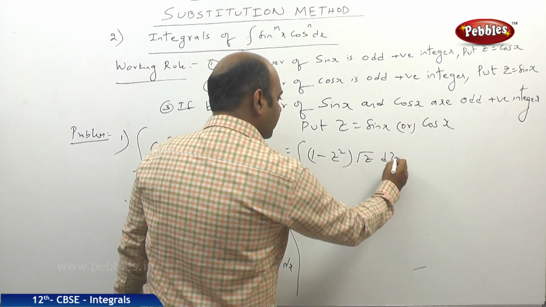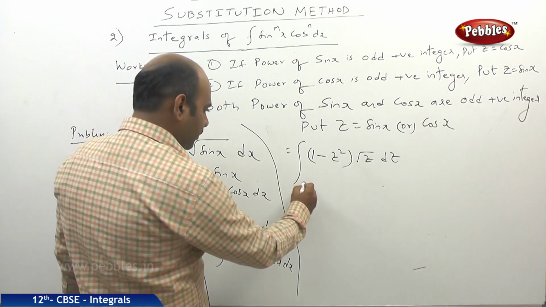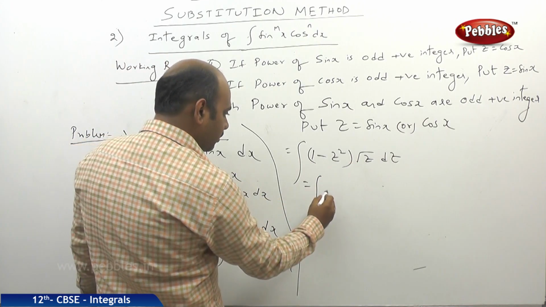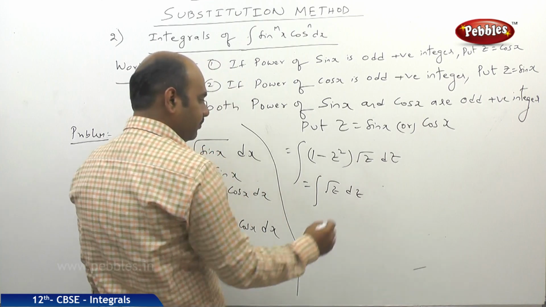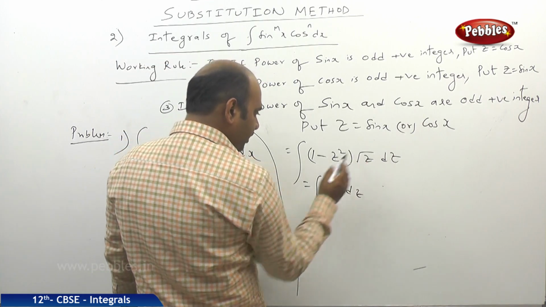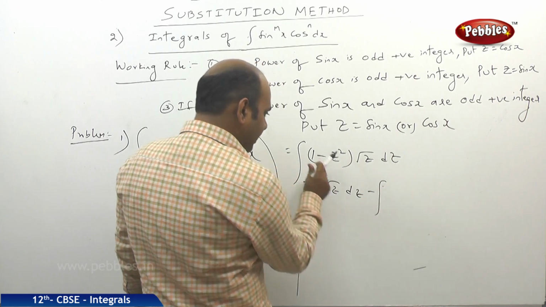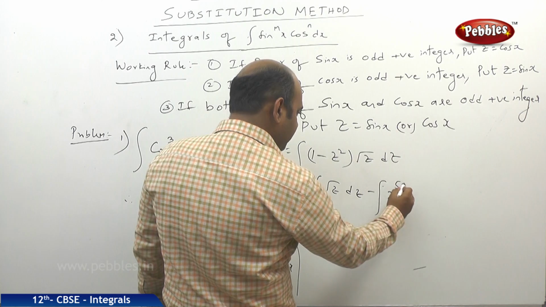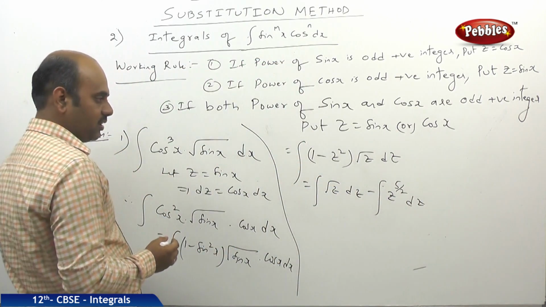We should be very careful in substituting. Now this is reduced to 1 into root z, which is root z, and z square into root z is z power 5 by 2. As the algebraic sign minus is there, I will write it as minus z power 5 by 2 dz. I think this is clear.